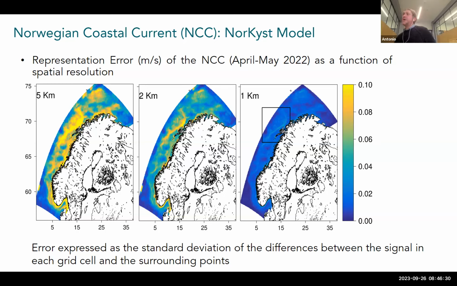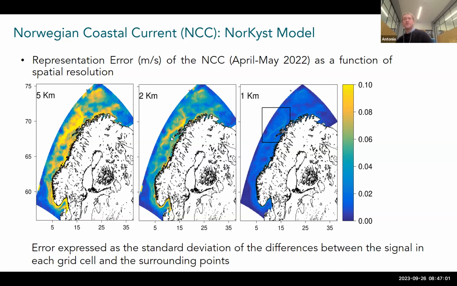The best we managed to do so far is to take this model that is developed by the Norwegian Meteorological Institute, where Øyvind is actually sitting, and this is resolved in the Norwegian coast. Here we look at how the error grows if you are coarser than 1 kilometer. So here we target this 0.1 meter per second that allows us to resolve.